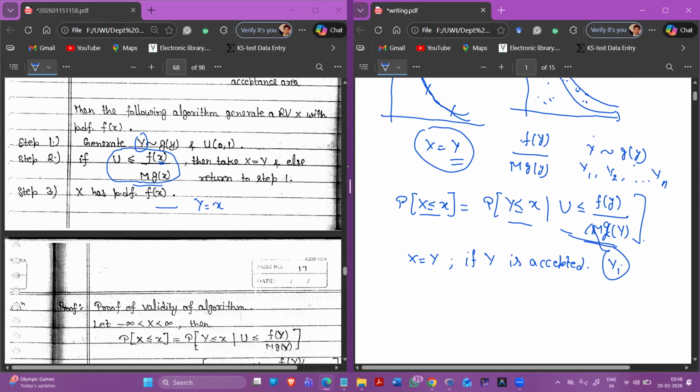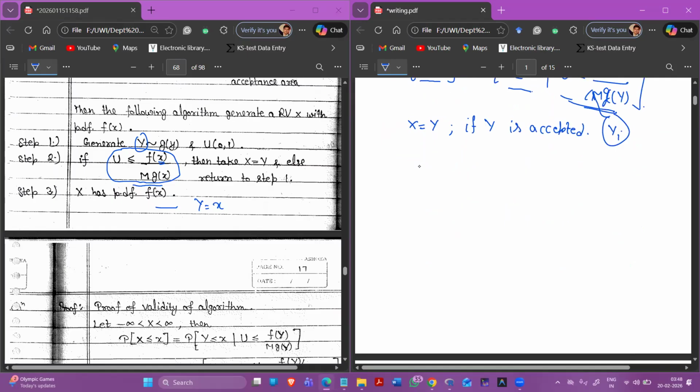So here we are defining x as equal to y, given that u is less than or equal to f(y) divided by m g(y), which basically means y is accepted. Whatever random number I generated, that is accepted.